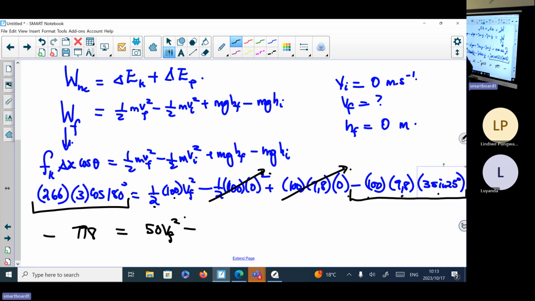1, 2, 4, 2, 5. Is it only comma 5? It cannot be comma 5. We need more than one number after a comma, Lindy. We only round off the final answer. Give me all these numbers after a comma. It's still not 49.